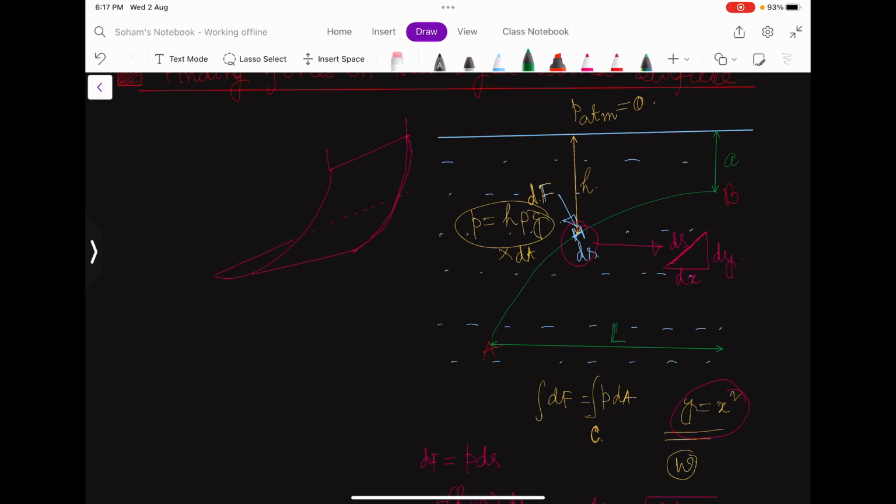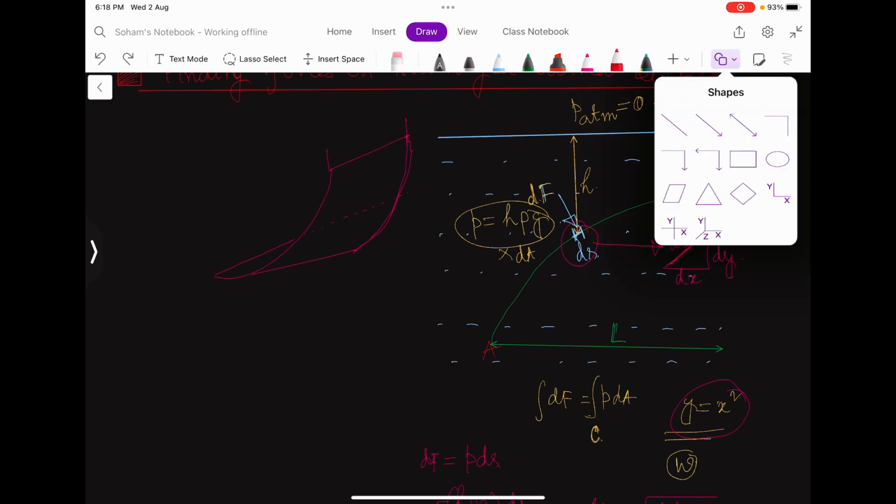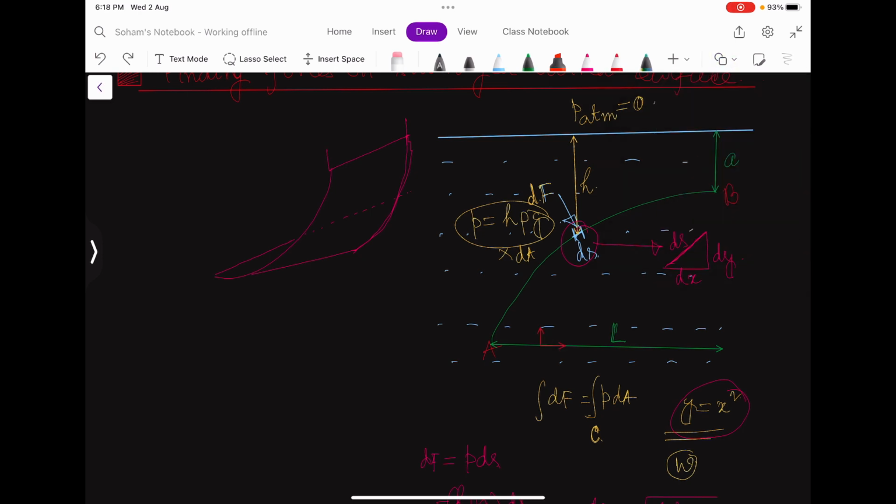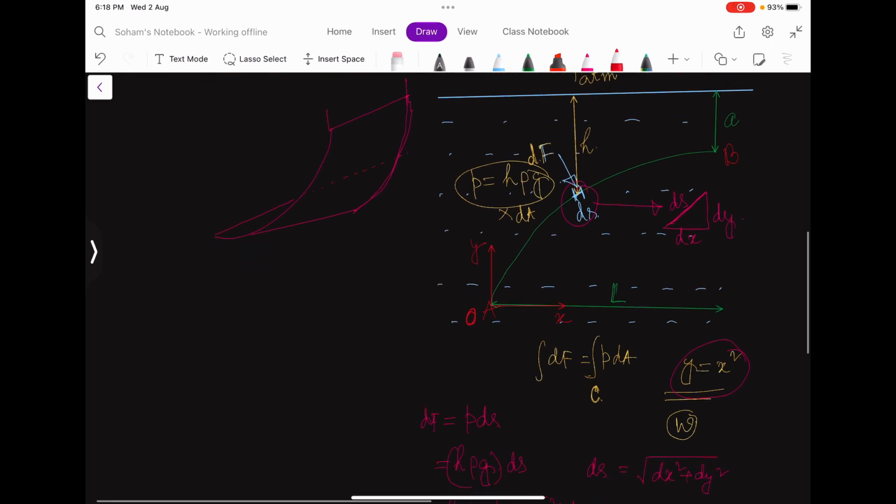So if we assume a coordinate axis like this, let us take a different color actually. Here is the origin, this is x, this is y. That directly means that at x equals l, y equals l square. I have considered this curve as my y equal to x square.